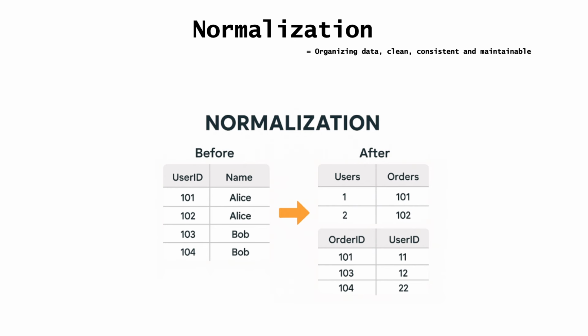There are several normal forms, or levels of normalization, each enforcing stricter rules, like eliminating duplicate columns, removing partial dependencies, and ensuring that each field depends only on the primary key. The goal is to reduce redundancy and improve integrity. But there's a balance.